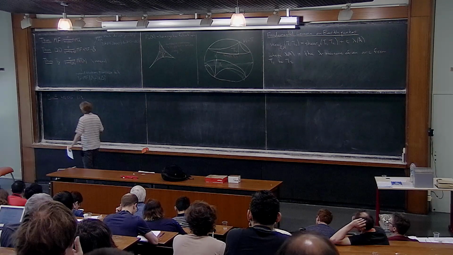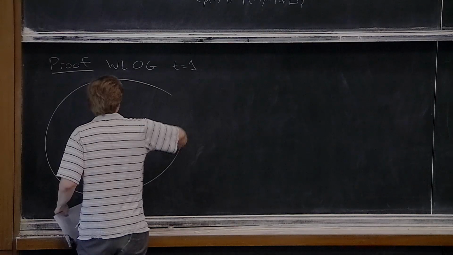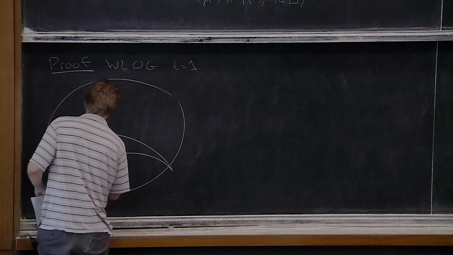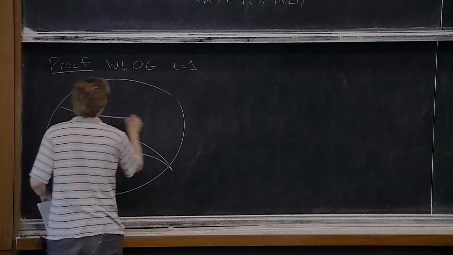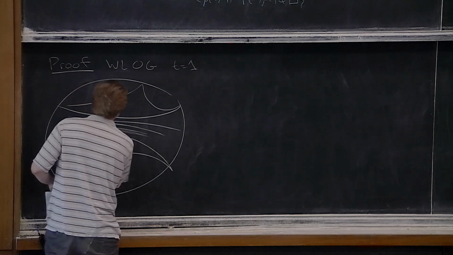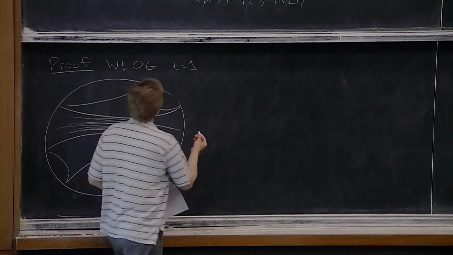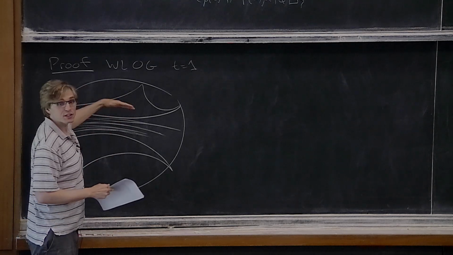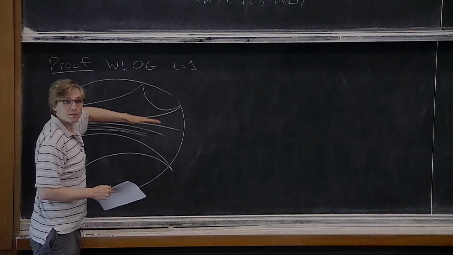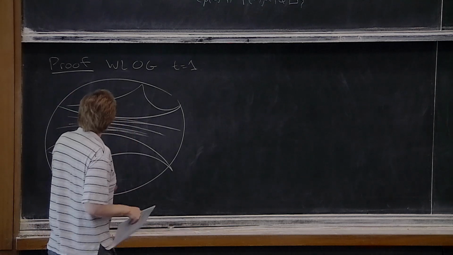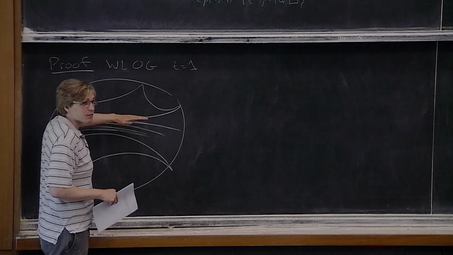So let me redraw the picture. Make it look at least vaguely similar. Okay, so I have this. So infinitely many leaves of lambda separate them. But I can approximate the earthquake with a finite set of leaves. I'm going to approximate it by a finite subset of the leaves.